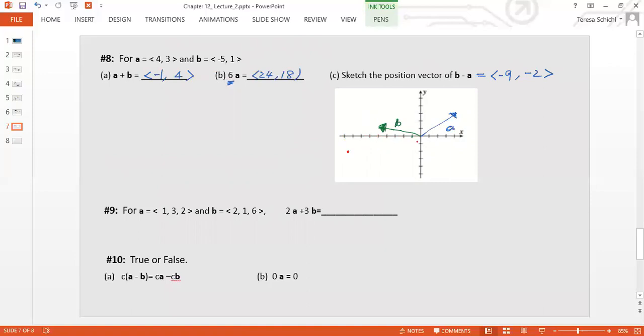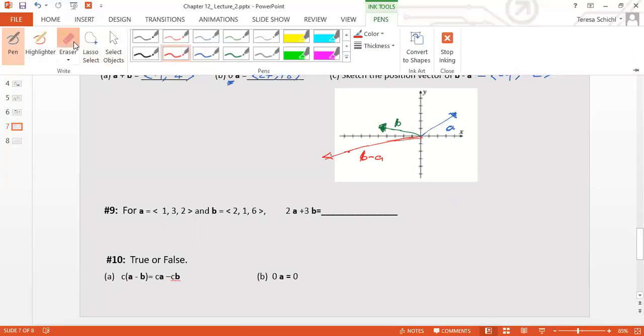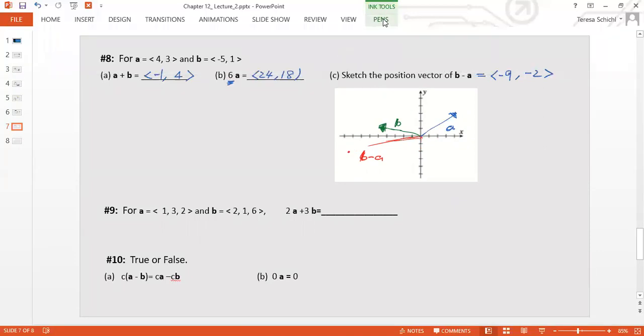All right, so that is the rule here. It's not easy to draw here. So this is B minus A here. Okay, so let's verify the B minus A. I shouldn't go all the way to here. I should just stop at here.